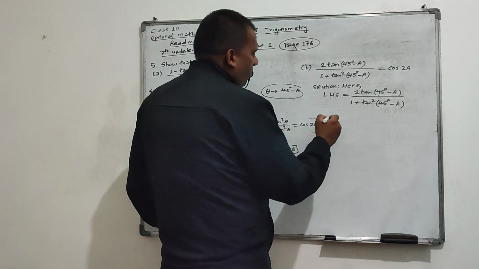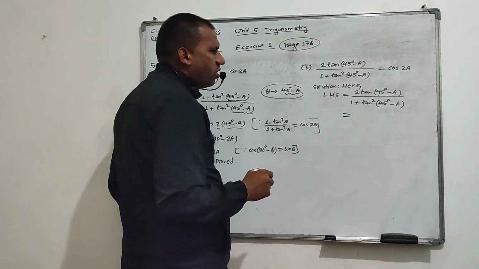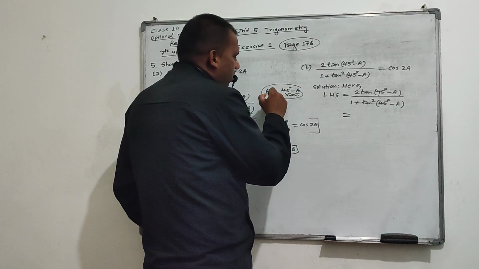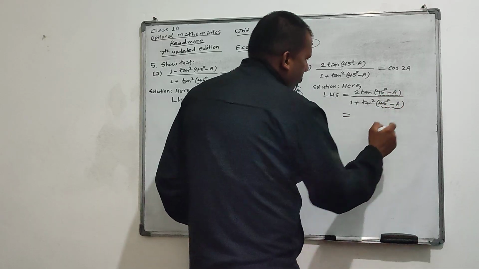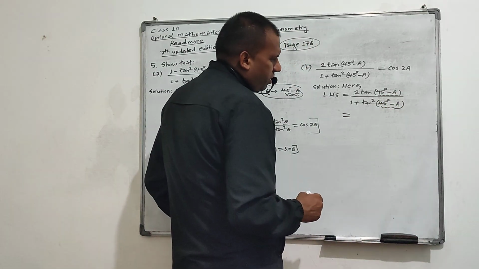This is in the form of 2 tan theta upon (1 plus tan square theta), if 45 degree minus A is supposed to be theta. This is the formula of sin 2 theta.